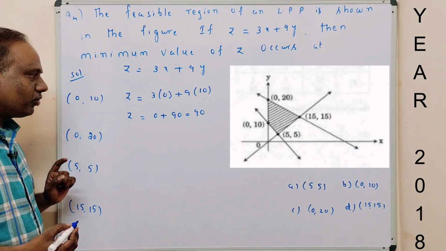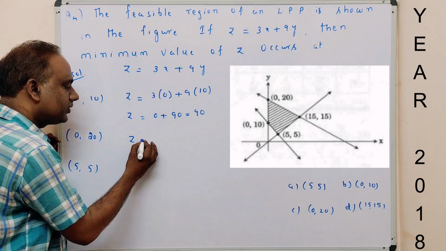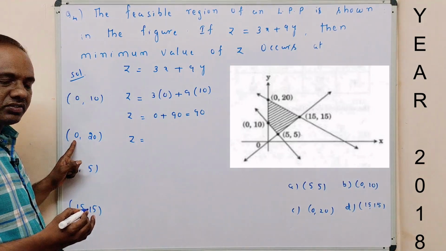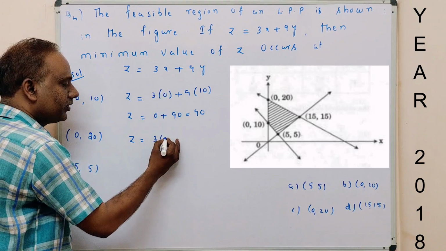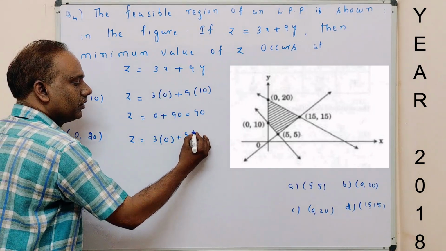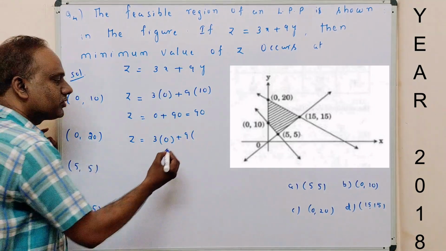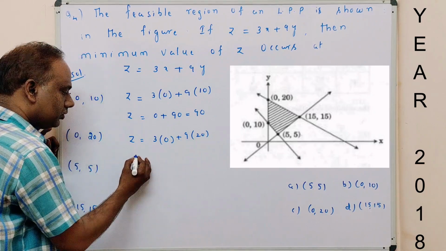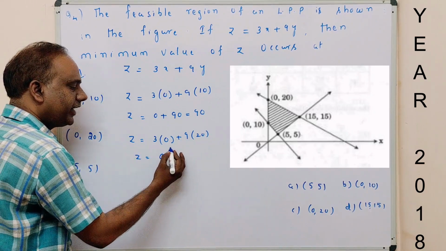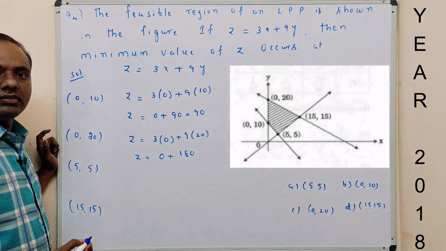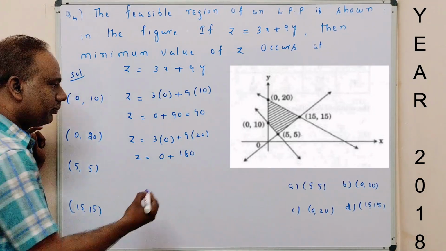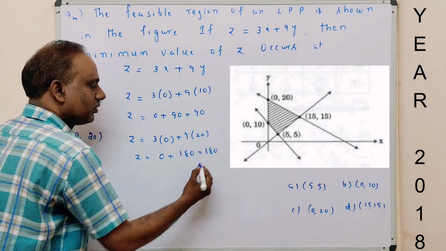And this is 0 comma 20. So z is equal to 3 into 0 plus 9 into 20. 3 into 0 is 0, 9 into 20 is 180. That means this value is 180.